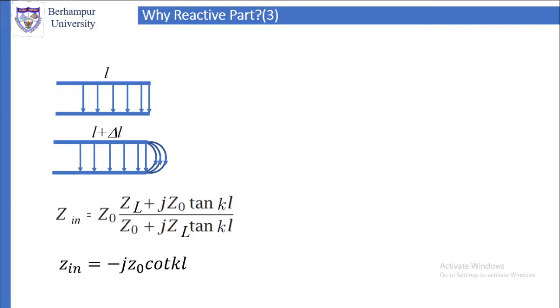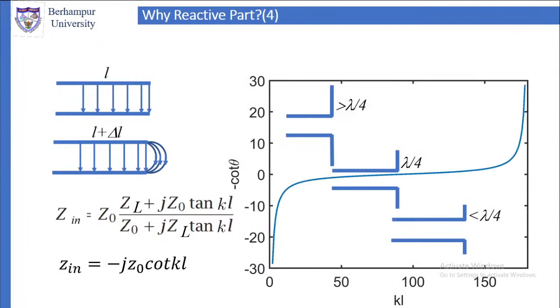Now when the length is greater than lambda by 4, this z in will be positive, which means this will give an inductive path. This will result in inductance. So because of the additional length, we will get inductance.